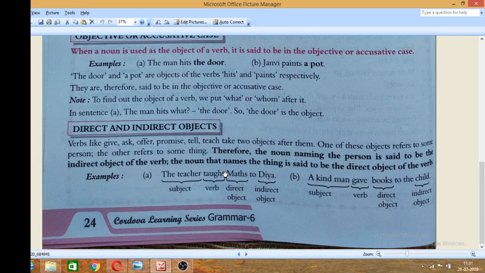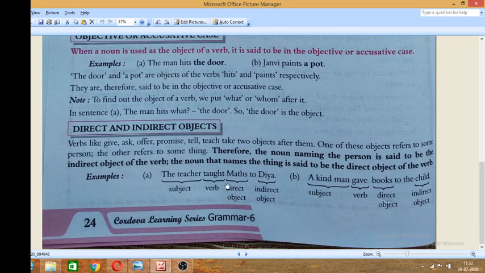If there are two objects in a sentence, we have to give the names of those objects. Here is an example: The teacher taught maths to Dia. The teacher is the subject, taught is the verb. Here two objects are there, maths and Dia. Maths is the direct object and Dia is the indirect object.